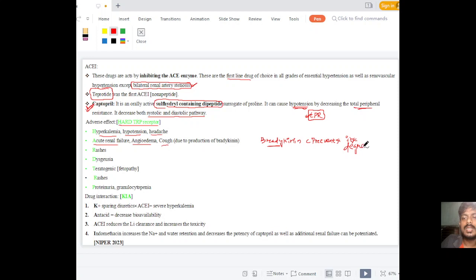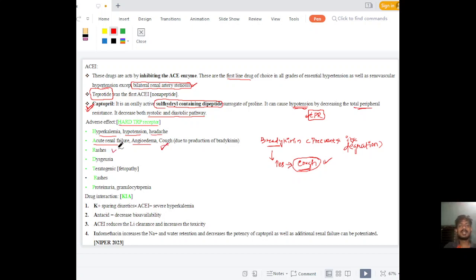If its degradation is prevented, its level ultimately increases, and when its level increases, it leads to cough. Cough and angioedema are typical side effects and important from the exam point of view.